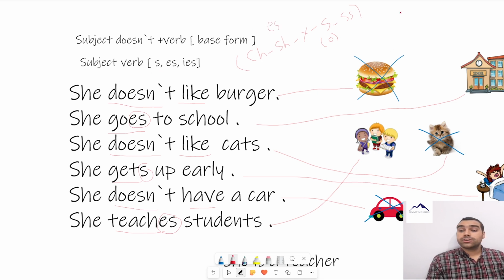What about the ies? When we have a y, but before the y we have a consonant letter, we omit the y and add ies. For example, the verb study ends with y, but before the y is a consonant, so we omit the y and add ies, so it becomes studies.